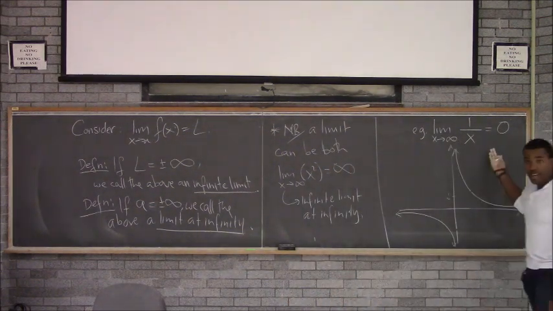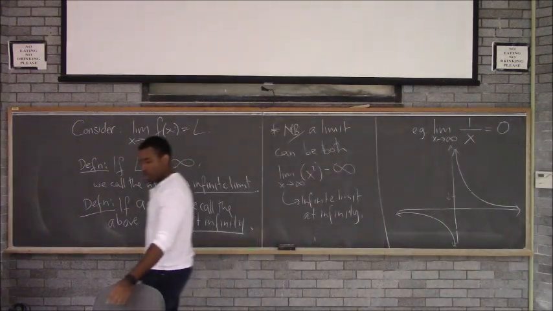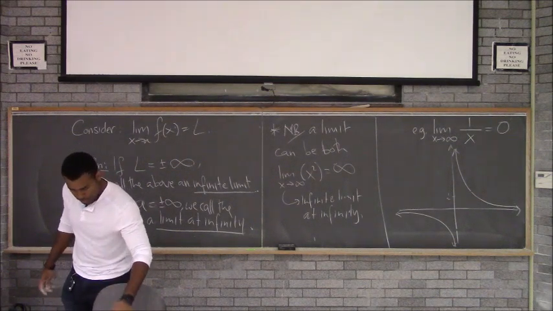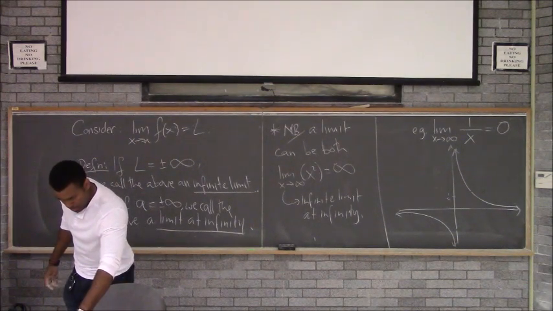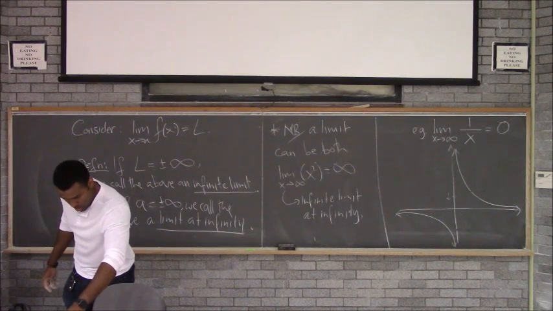This, of course, is a finite limit at infinity, right? Because you approach a number, you approach 0. So those are some important definitions here.